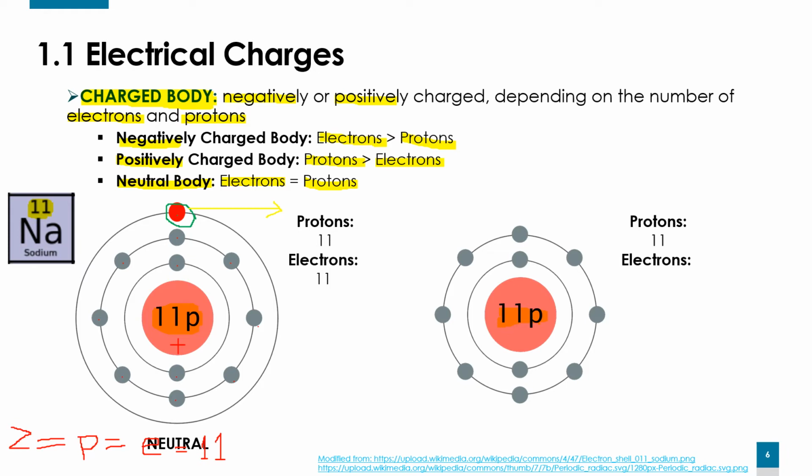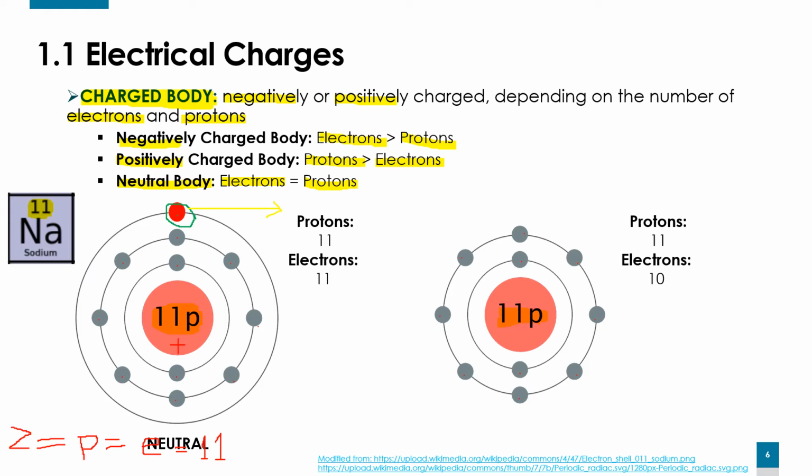I lost one. So I have 10. If I count, I have 2 in the first shell, 1, 2, and 8 here, 1, 2, 3, 4, 5, 6, 7, 8. So I have 10 electrons.